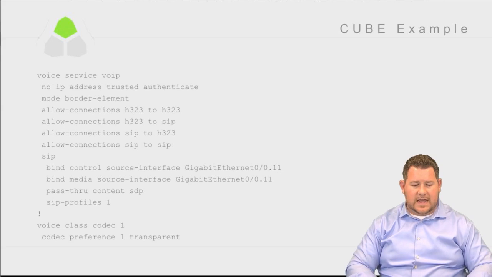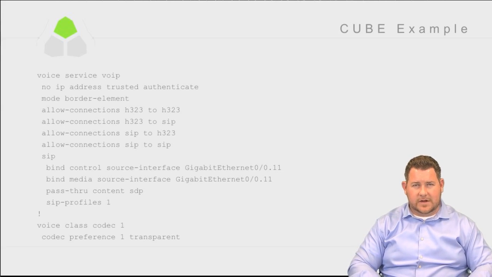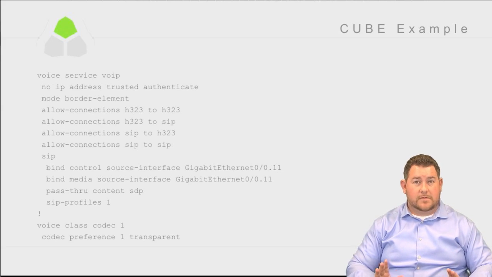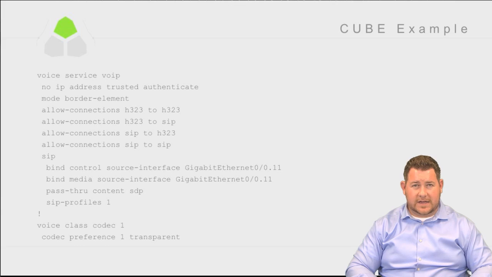So here is the example configuration. We already looked at this a little bit, but first of all, global voice configuration. I didn't mention this command yet, but this is no ip address trusted authenticate. Now, by default, and I think it was IOS 15 started this, ip address trusted authenticate is enabled by default, meaning it has to validate the addresses that come into the router, as valid or not, as allowed to communicate or not allowed to communicate with the router.